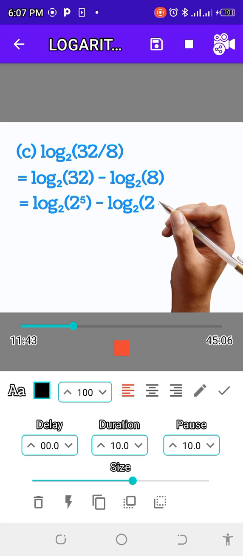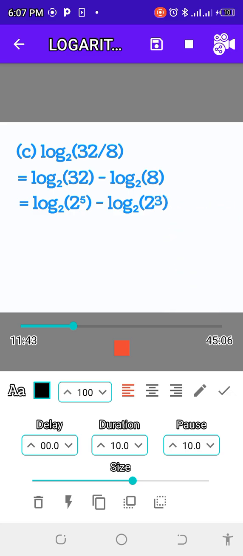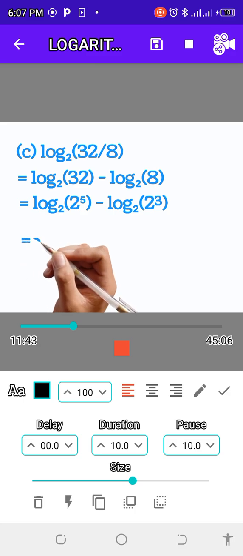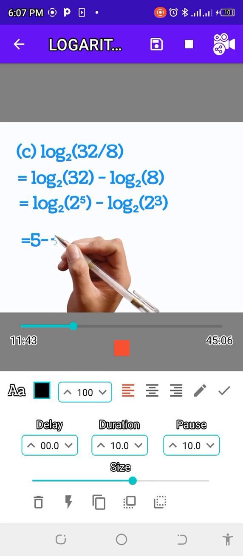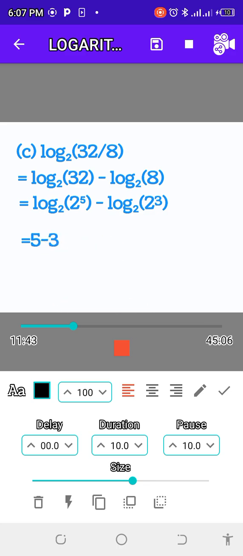That is equal to 5 log 2 base 2 minus 3 log 2 base 2, which is 5 minus 3, which is equal to what? 2.